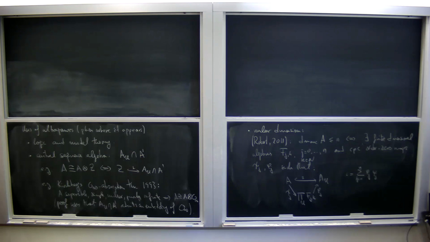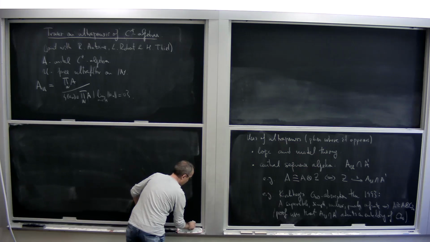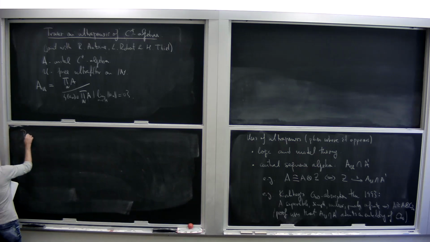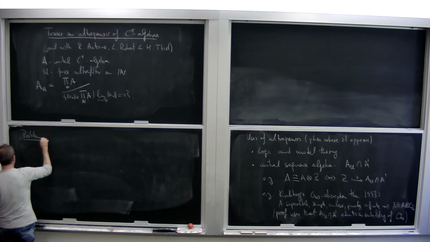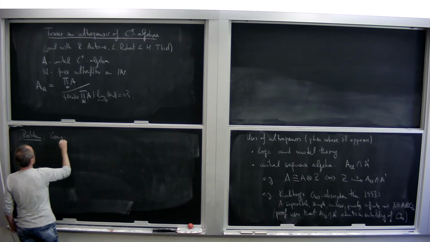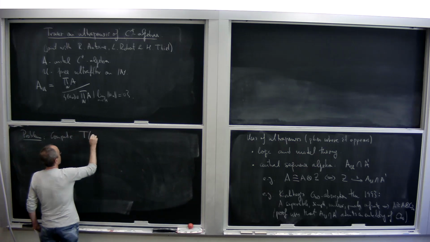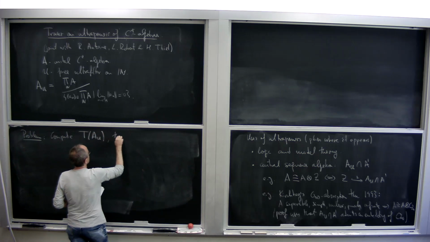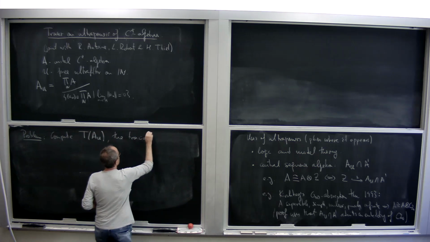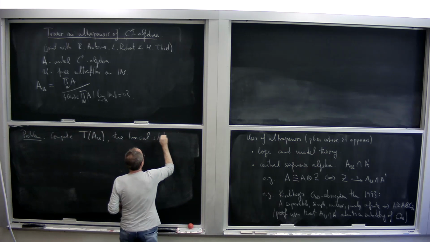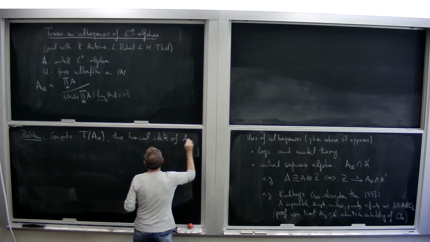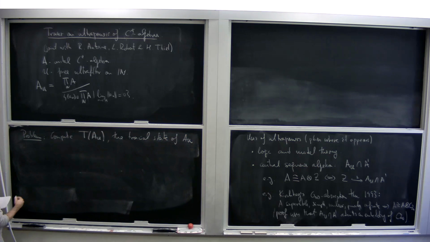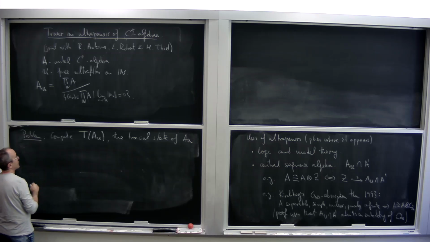So the problem that we consider in this work is to compute the tracial state space of the ultrapower of a C*-algebra. And well, this can be divided in two sub-problems, or maybe one.